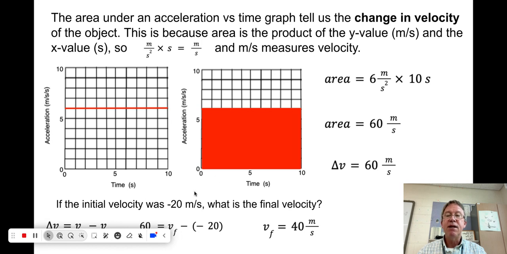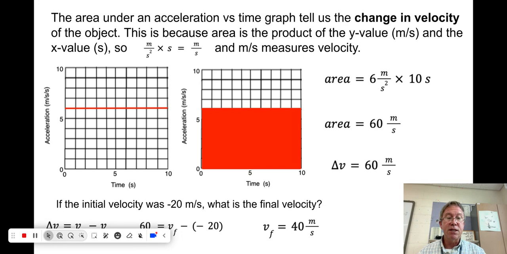We just have to remember that change in velocity always means final minus initial. So in this case, the change is 60 equals my final minus my initial, which was negative 20. I'm going to solve for vf, so I add 20 to both sides, which gives me 40 meters per second as the final velocity. So you've got to be a little bit careful with that.